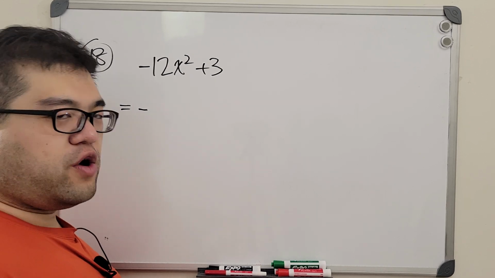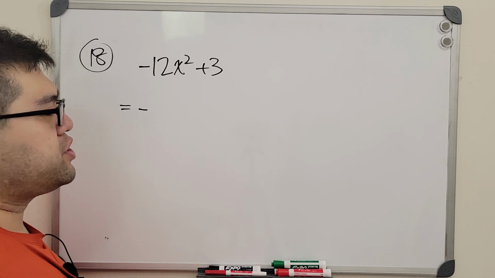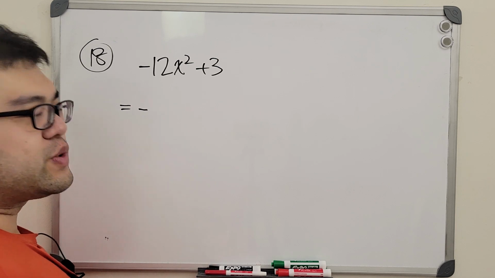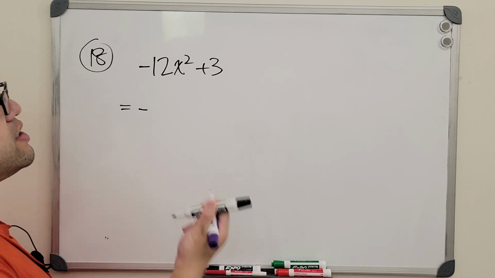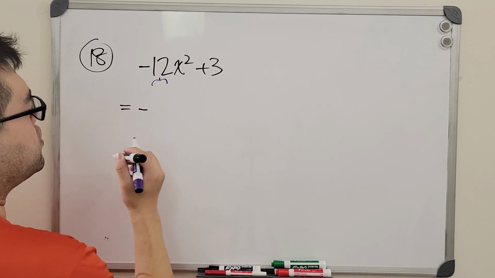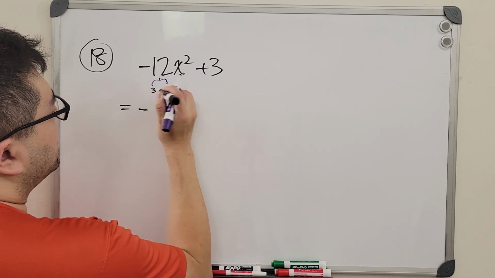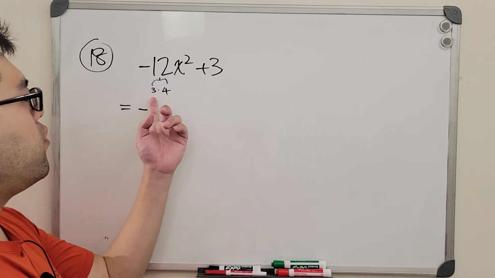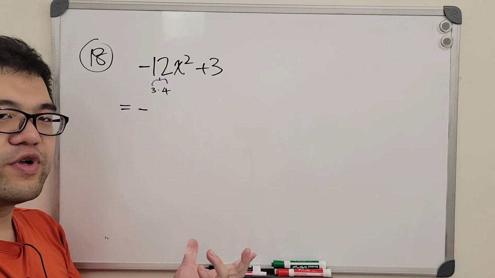Then 12 is not a perfect square. What should we do? Should we factor out a 12? Yes, we can do that, but it's not necessary, because we can rewrite 12 as 3 times 4. Well, of course, the 3 is not a perfect square.